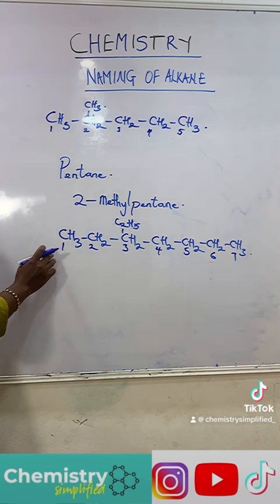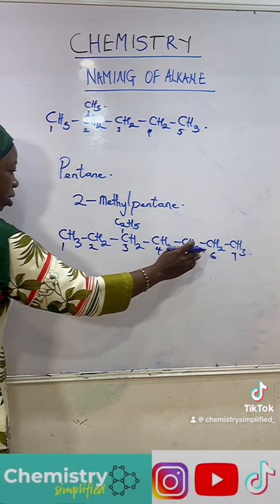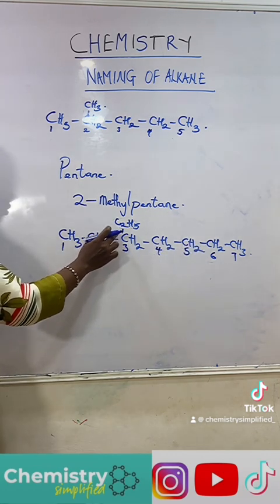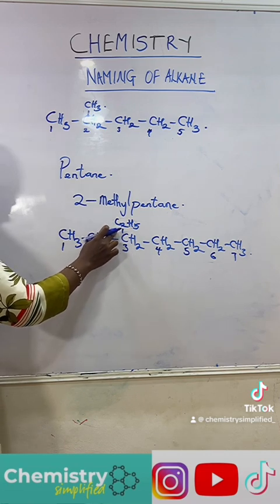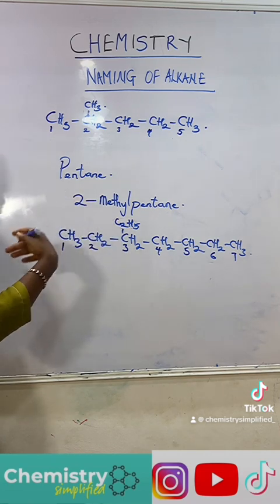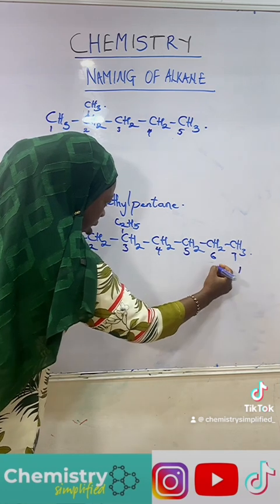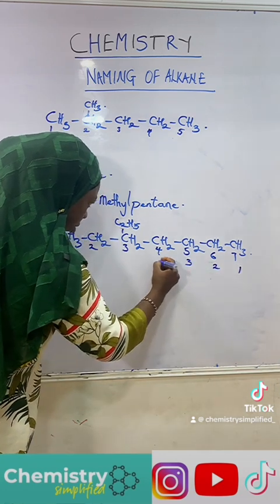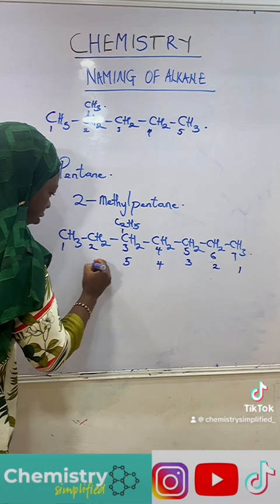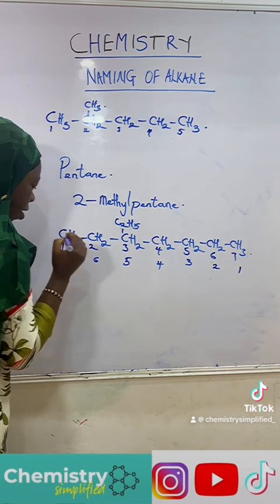Here, if I number from my left hand side to my right hand side, the substituent is on carbon 3. Now let's try to number from the right to the left. 1, 2, 3, 4, 5, 6, and 7.